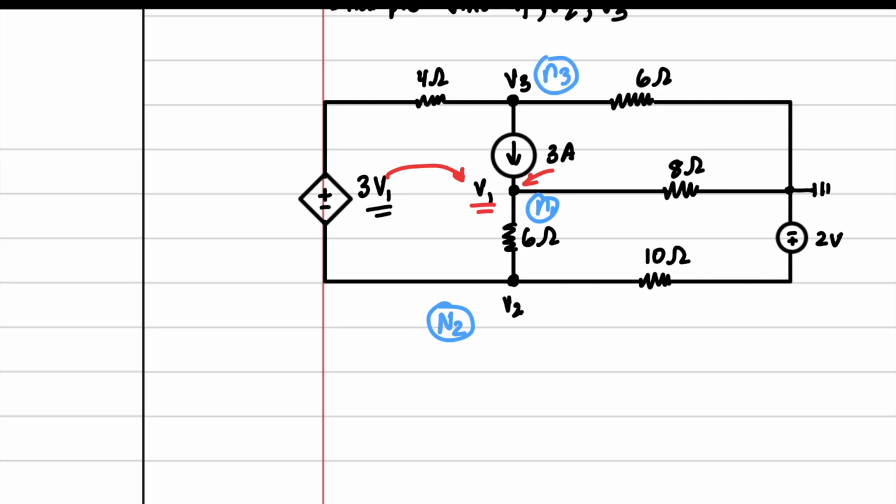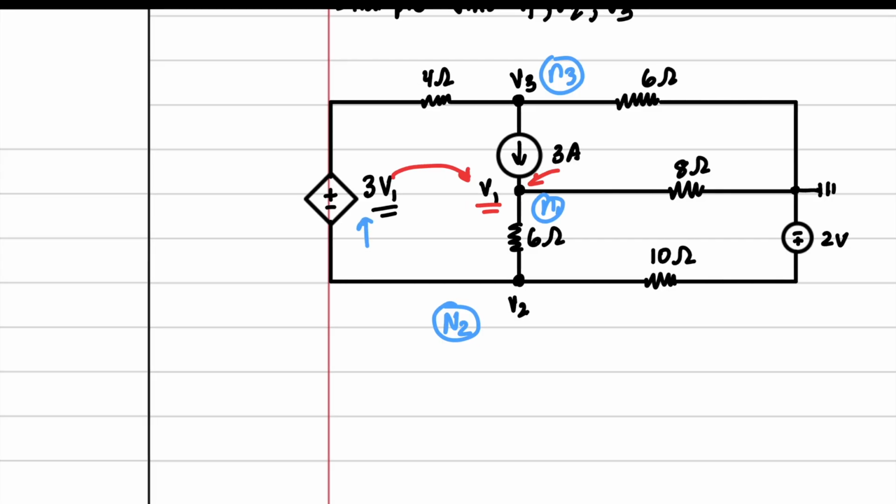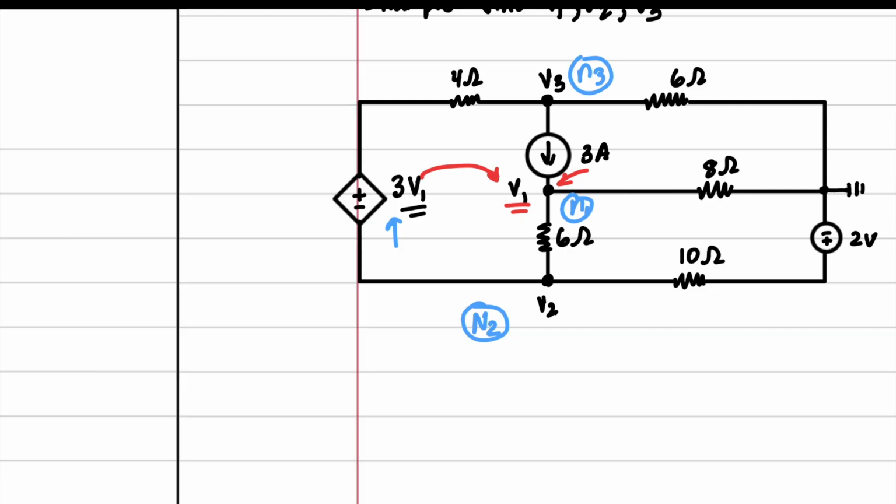And this is big N2 because it's a supernode. And so the V2 is forced with this 3V1. So we have another node right here that can be related as V2 plus 3V1. And we are going to treat all of these together. Okay?